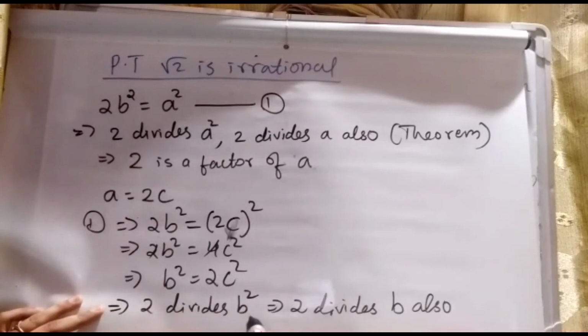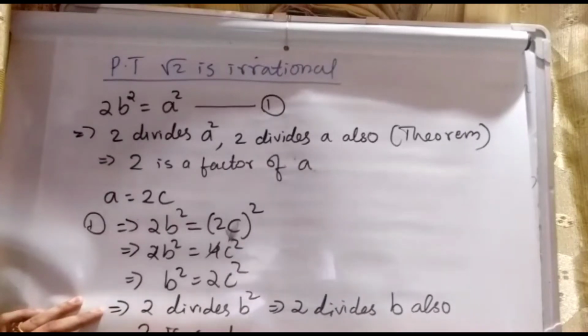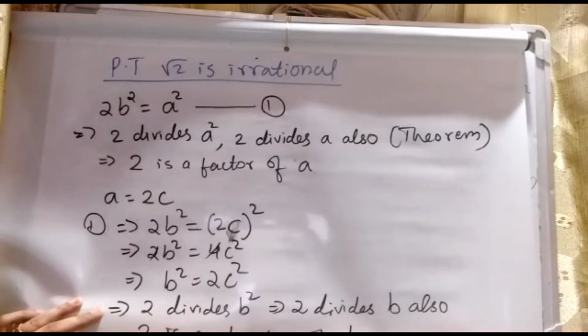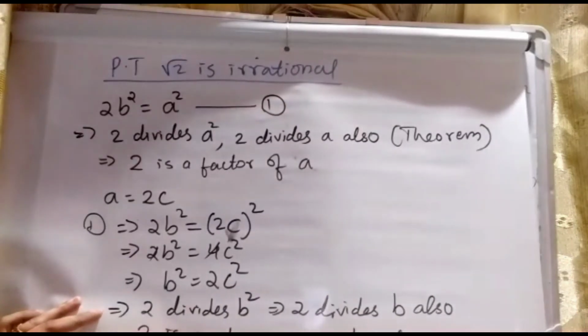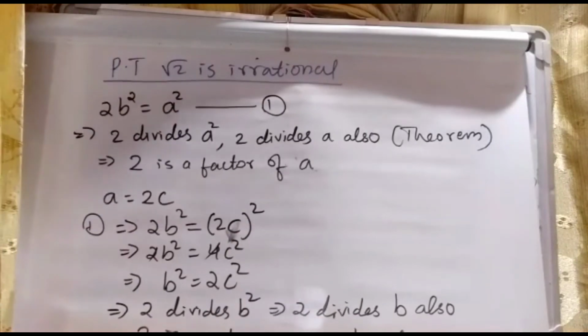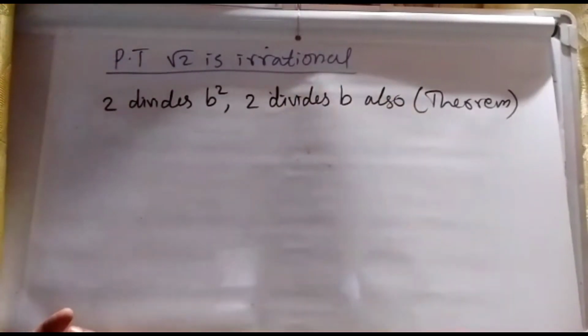If 2 divides b², 2 divides b also. That means 2 is a factor of b also.